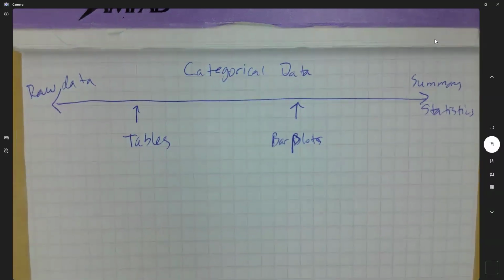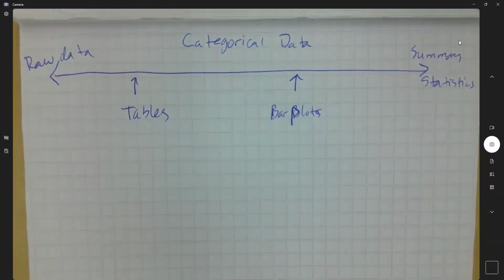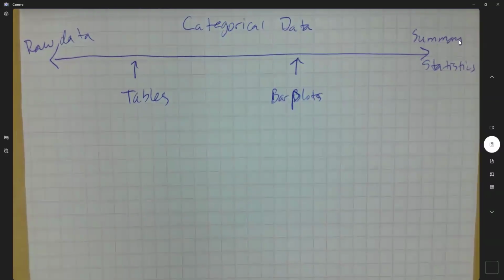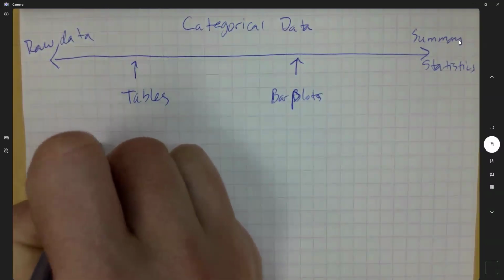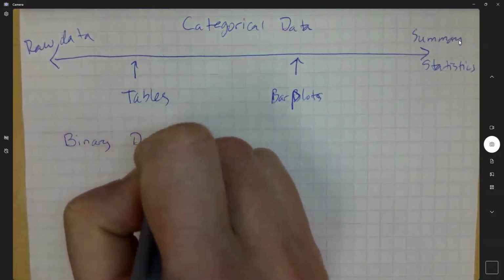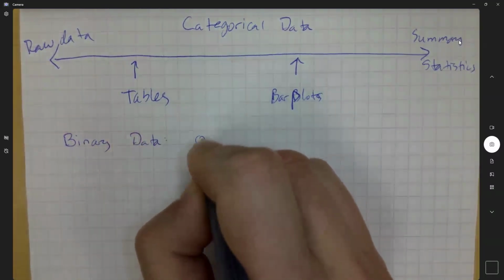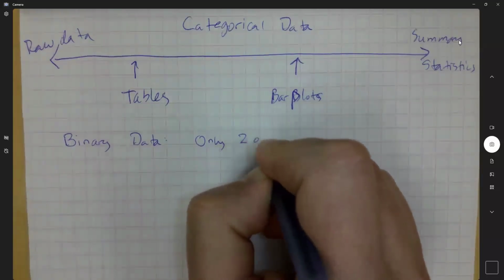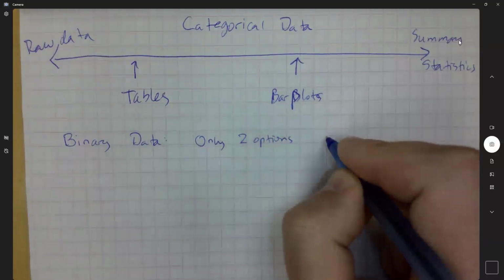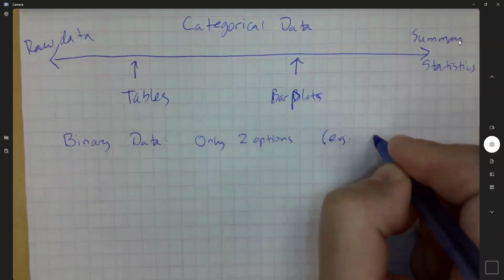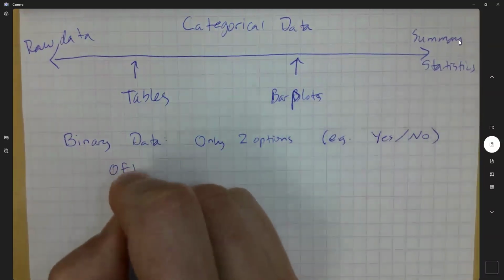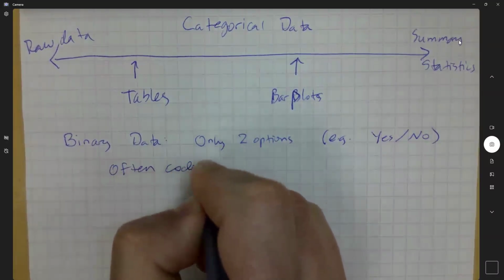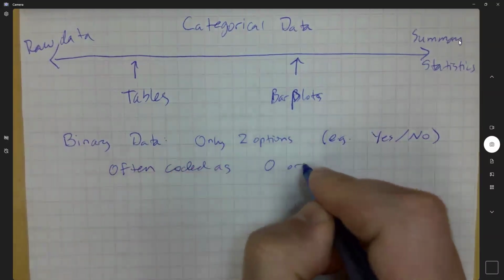And we're going to talk about two different types of summary statistics for categorical data. The first is specific to binary data. Remember, binary data has only two options, e.g., yes or no, and it's often coded as 0 or 1.